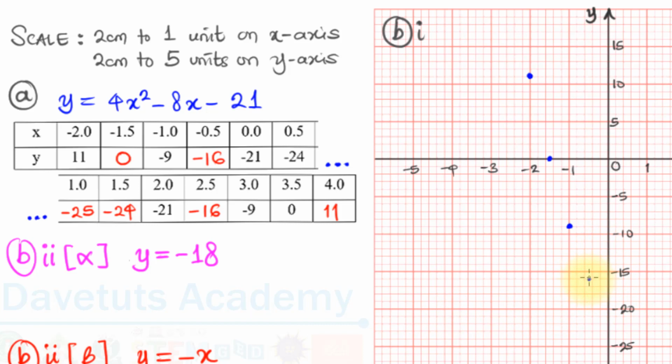This is it, blue ink. All right, then next, when x is 0, y is minus 21. That is this location. And then next, when x is 0.5, y is minus 24. So 0.5 here, minus 24 here, the intersection is this point.